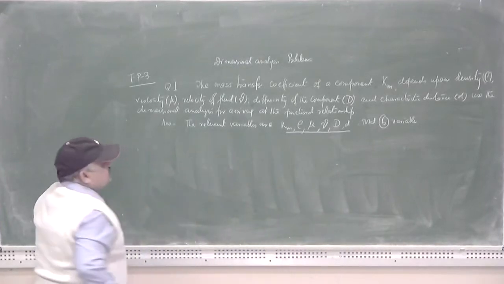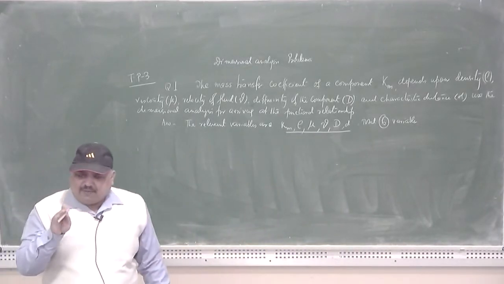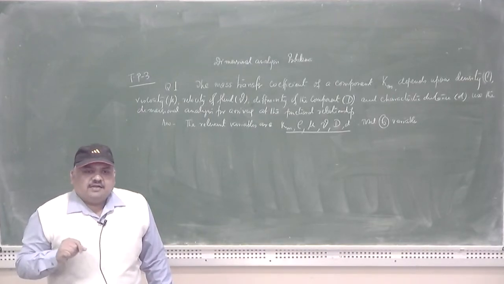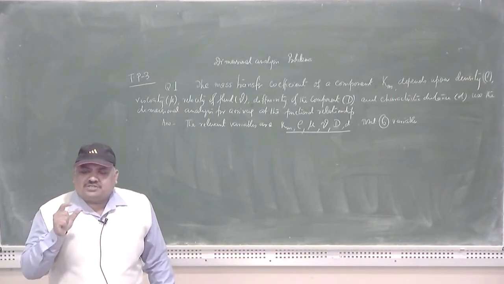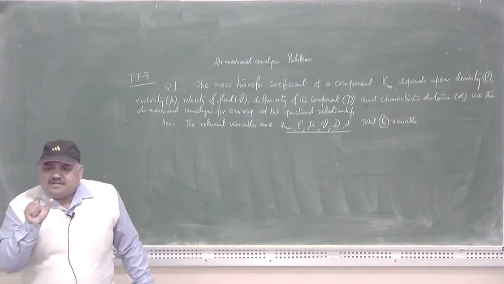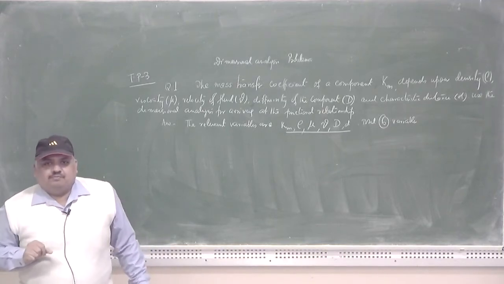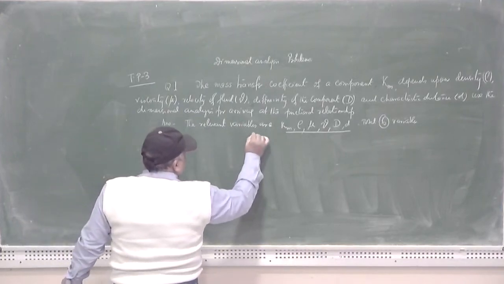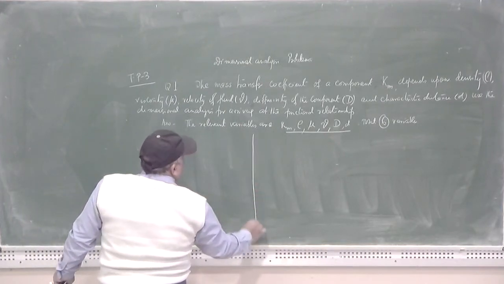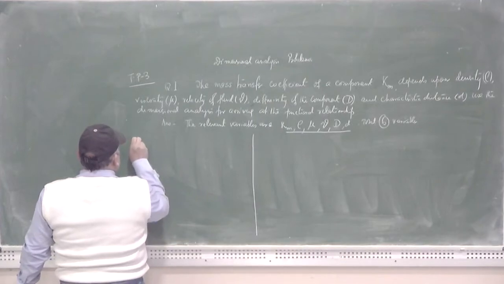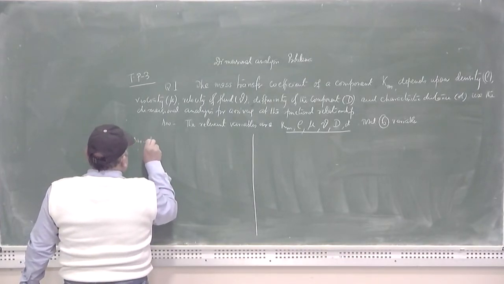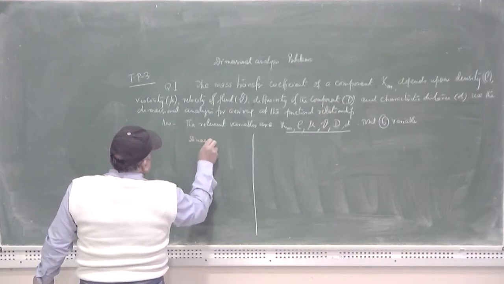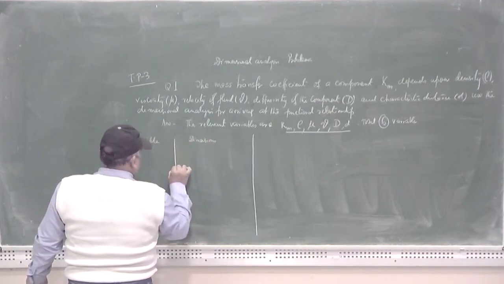In order to solve such a problem or any problem related to dimensional analysis, it is advised that in a tabular form you should first write the dimension of each variable. So, the variable and its dimensions.